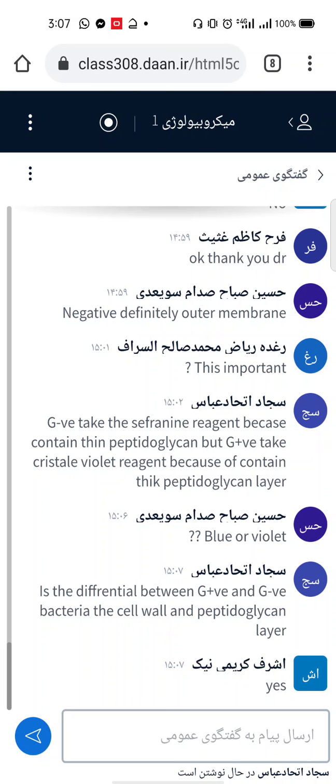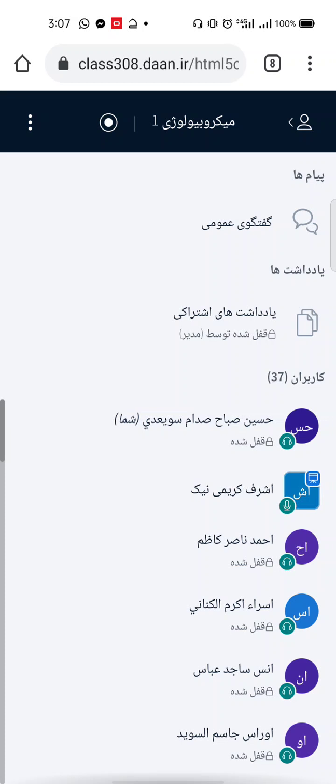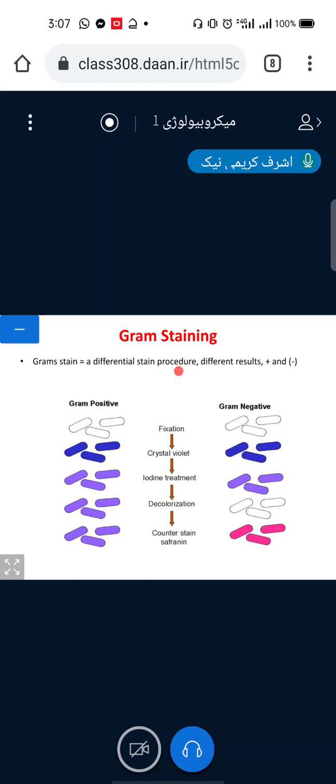Gram staining protocol. On the left, gram positive; on the right, gram negative.